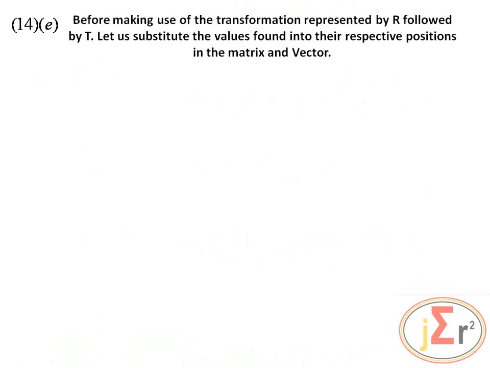Before making use of the transformation represented by R followed by T, let us substitute the values found into their respective positions in the matrix and also in the vector. So remember that we have P is equal to negative 1, Q is equal to 1, and we have two positions already completed. No doubt negative 1 goes there and 1 goes there, and that's all there is to it.